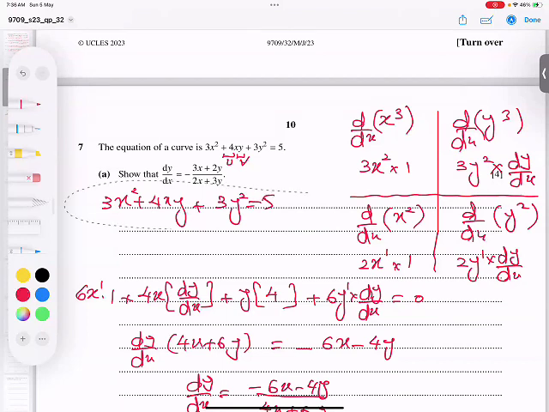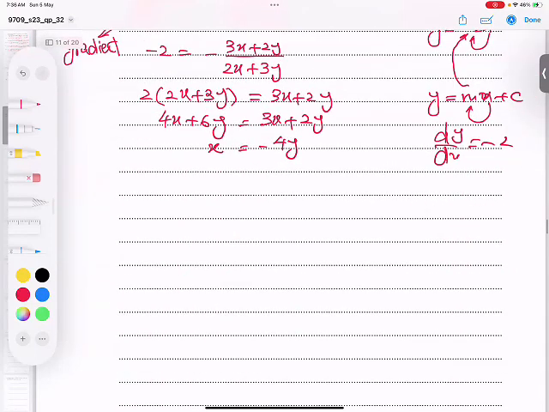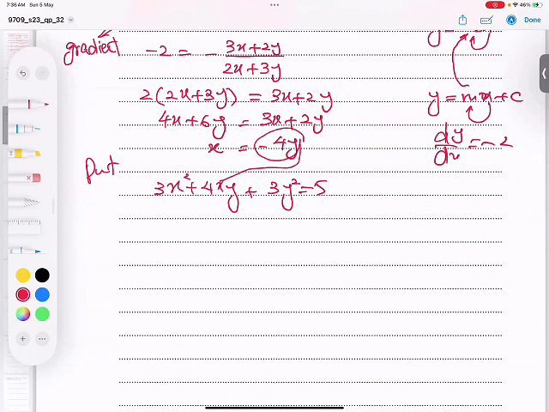I paste it here. Now when I plug in this x value here and here, in each x I'm replacing.